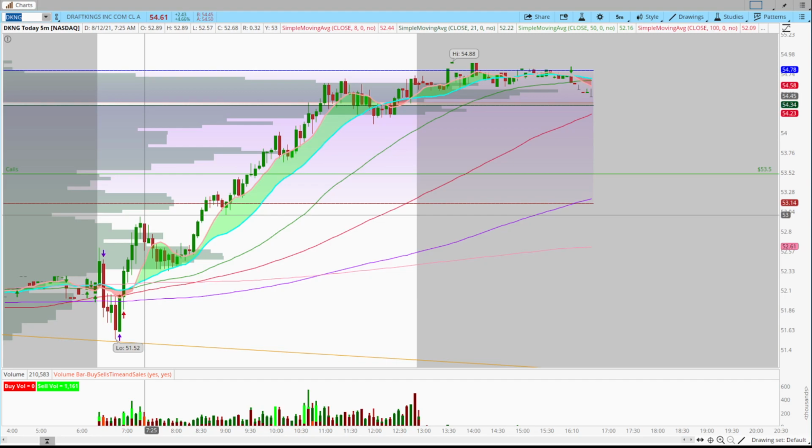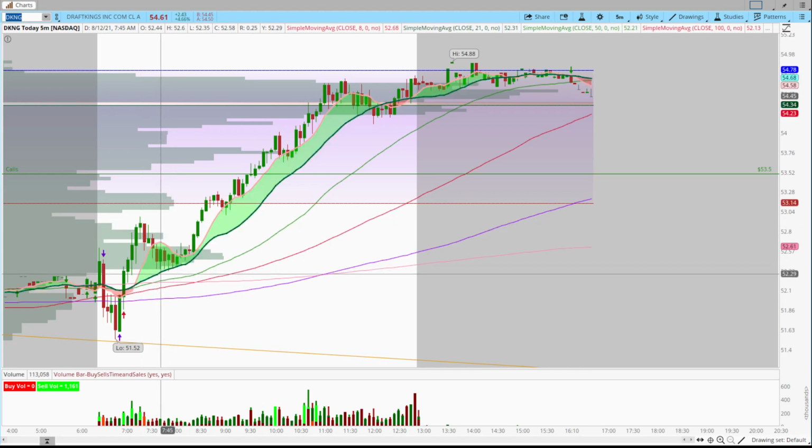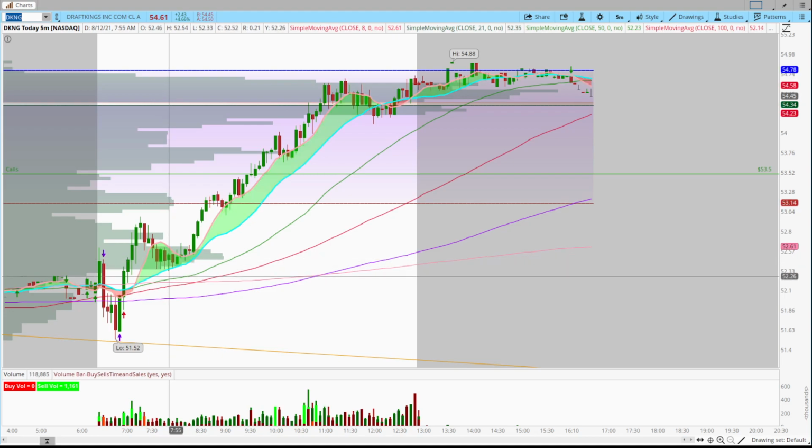So generally speaking, I'll stay in these types of trades as long as the stock stays above the 21 on the 5 minute and doesn't close below it. It can dip below it, like you can see this candle dip below it, but it still closed above it. It kept retesting it, but it never actually closed below that 21.